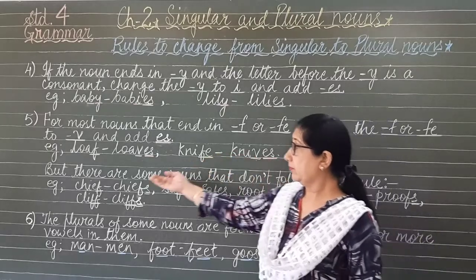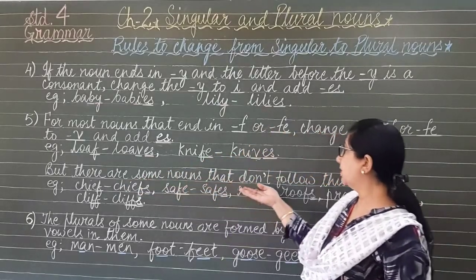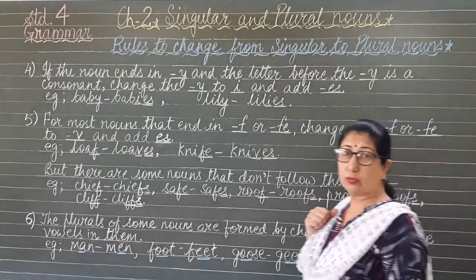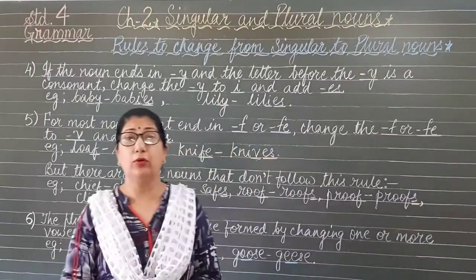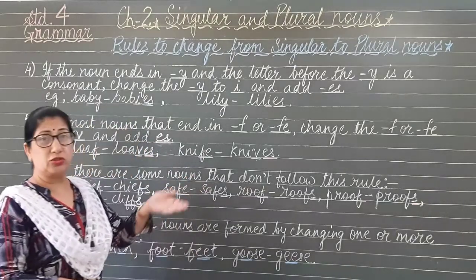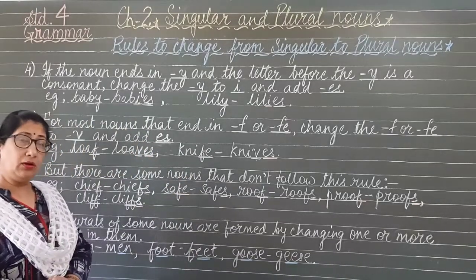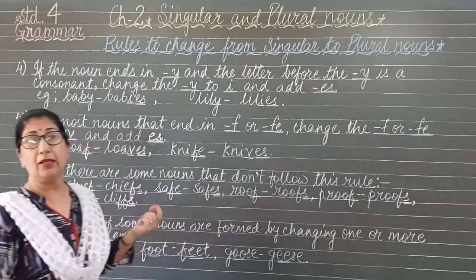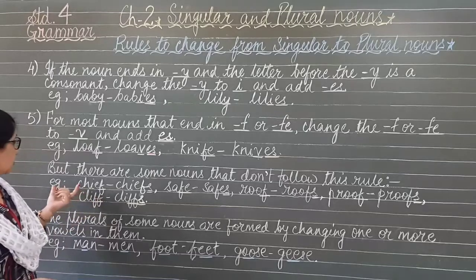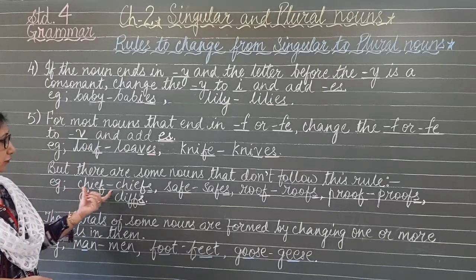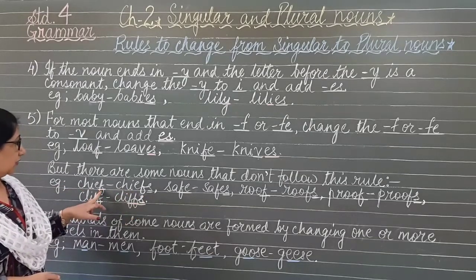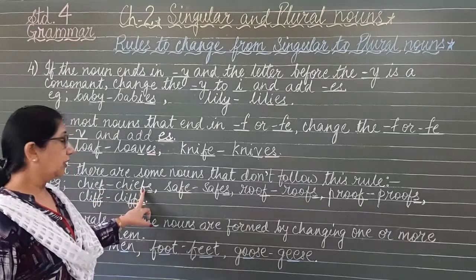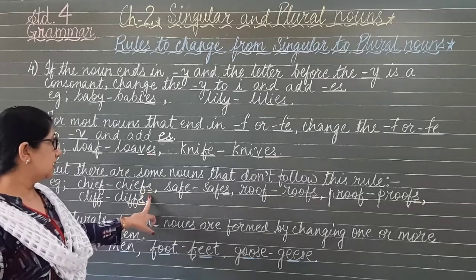But there are some nouns that don't follow this rule. जैसे स्कूल में कुछ स्टूडेंट्स होते हैं ना, स्कूल के रूल्स फॉलो नहीं करते हैं, ऐसे ही यहाँ पे कुछ शरारती वर्ड्स भी हैं जो रूल्स फॉलो नहीं करते हैं और बाहर चले जाते हैं रूल्स के सर्कल से. So such words are chief, chiefs. Here you can see the word is ending at F, but F is not converted to V, neither ES is added.